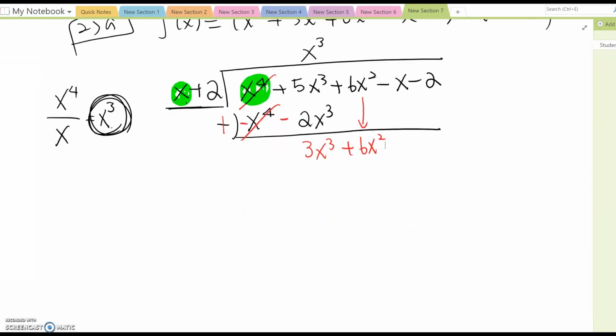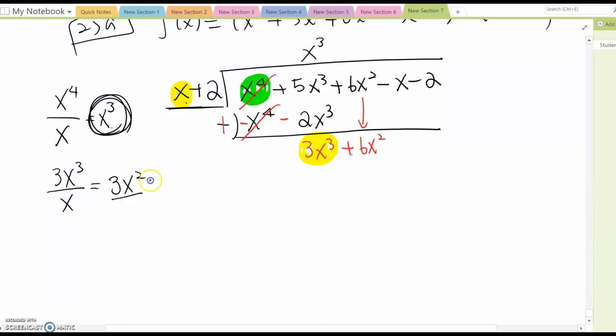Now the same step as what we have done the first time. You only care about this leading term and the leading term of the divisor. So what is 3x^3 divided by x? This is 3x^2.